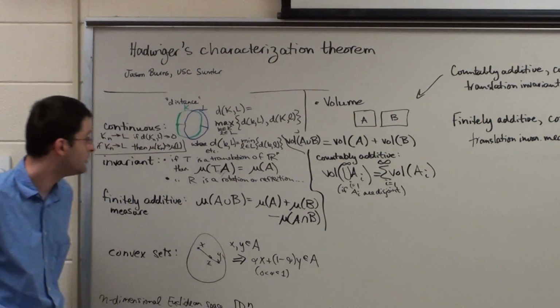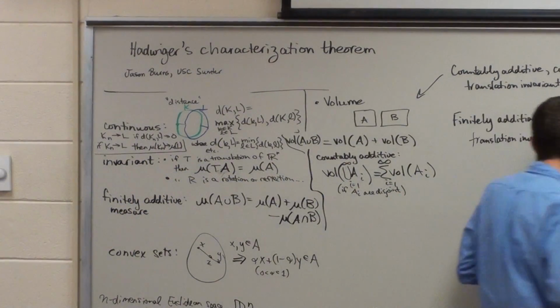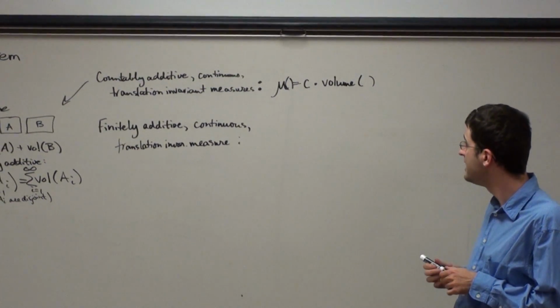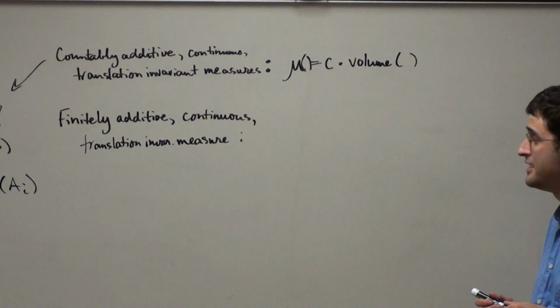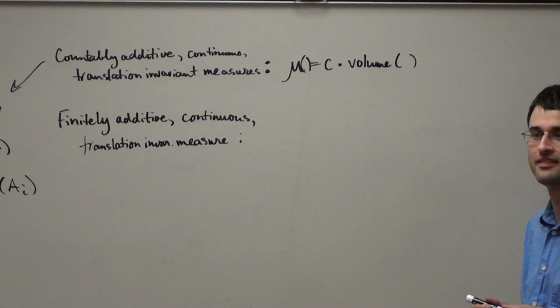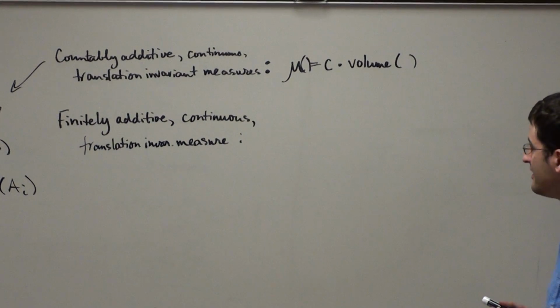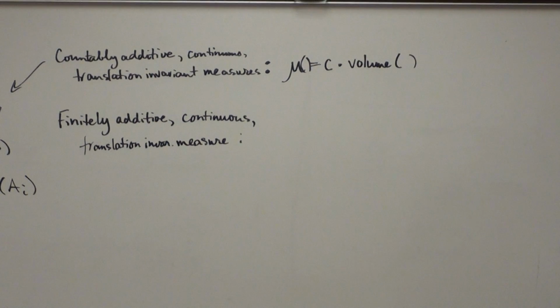So this is a fair question to ask. I don't expect you to know an answer, but I'd like to hear a guess here. How many finitely additive continuous translation invariant measures do you think there are? Take a guess.